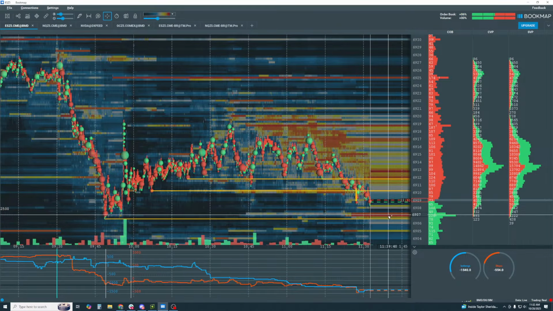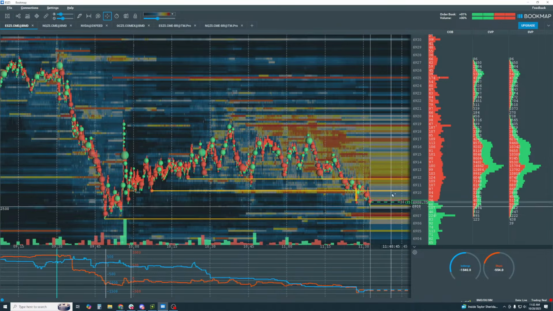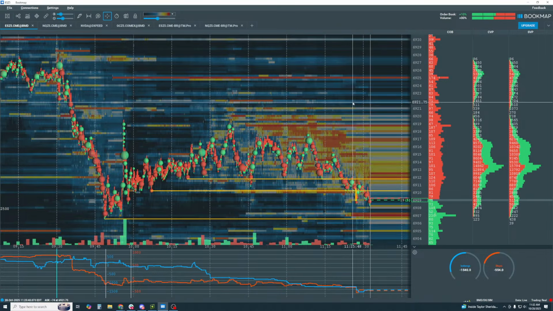And I'd look for the target to be this 07 here. Yeah, 07 is good. I like it. I like 07.